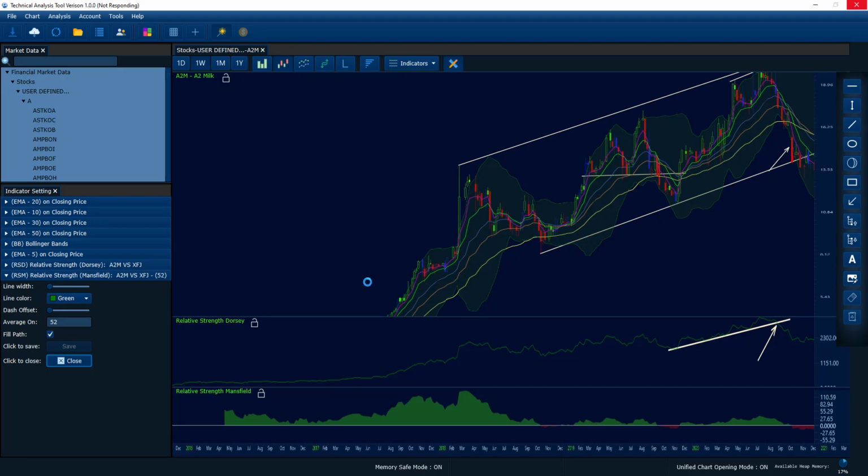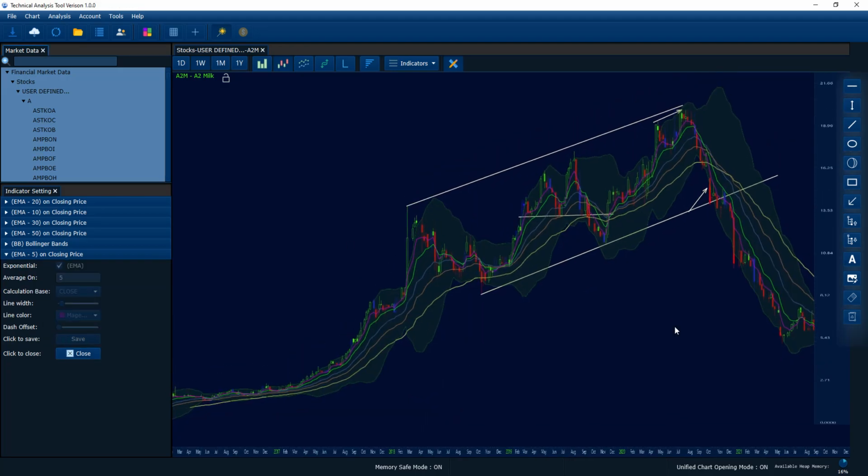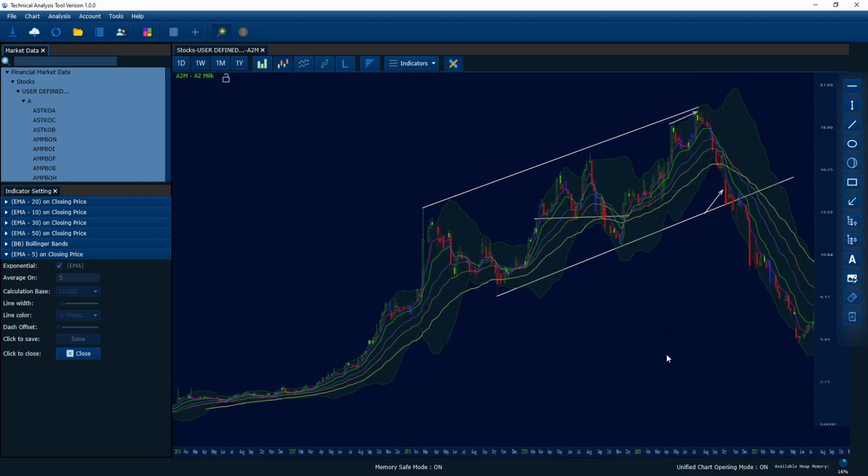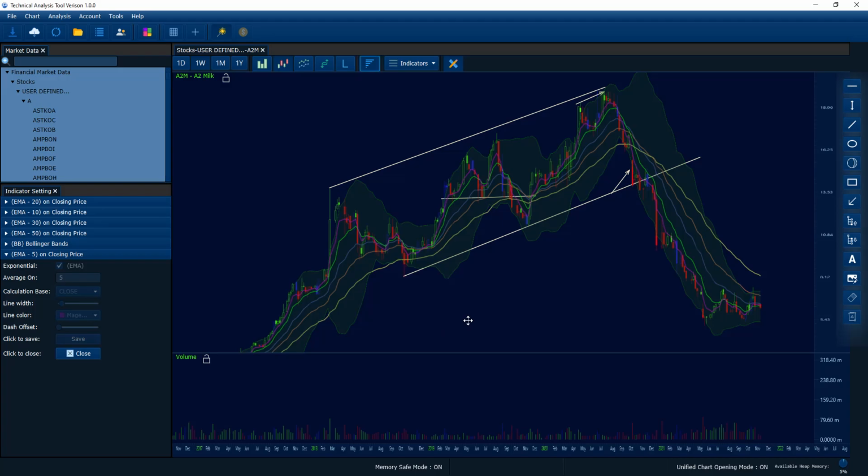As I always say, when we go into technical analysis, indicators are the helpers. Our first focus will always be on the chart itself and the volume as well.